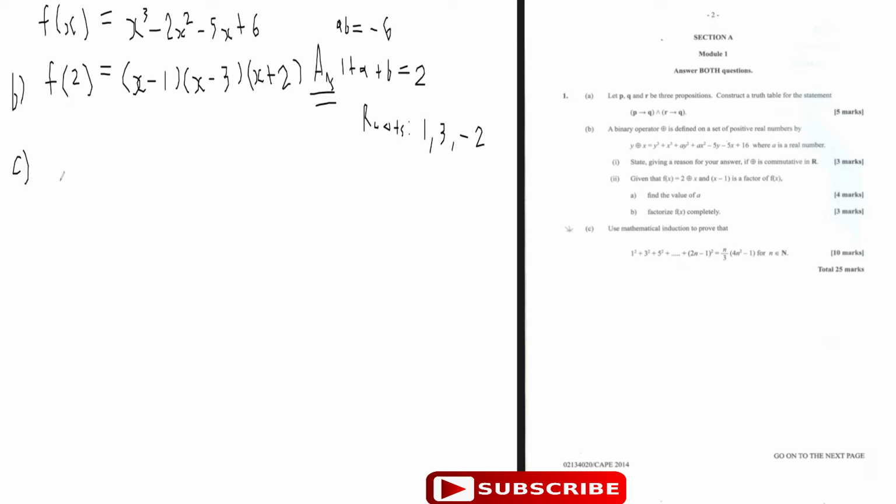Part C is a proof by mathematical induction, and it wants us to prove that 1 squared plus 3 squared plus 5 squared plus and so on, plus (2n minus 1) squared, is n over 3 times (4n squared minus 1). All of that you can call a statement Pn, where we're summing from r equals 1 to n of (2r minus 1) all squared.